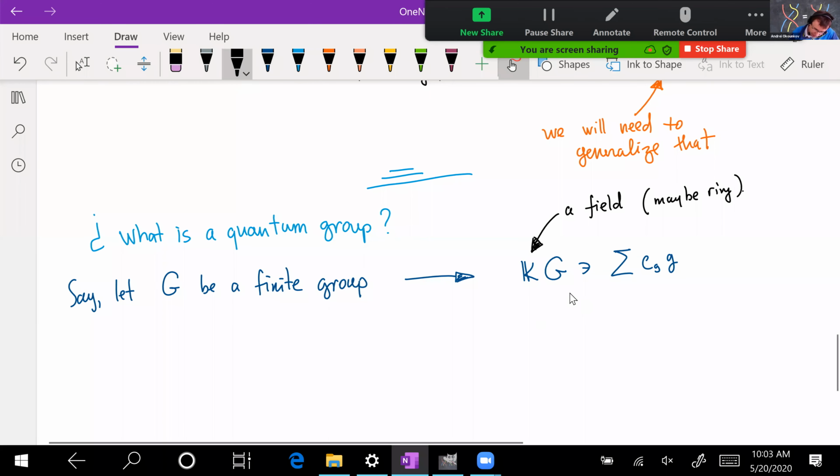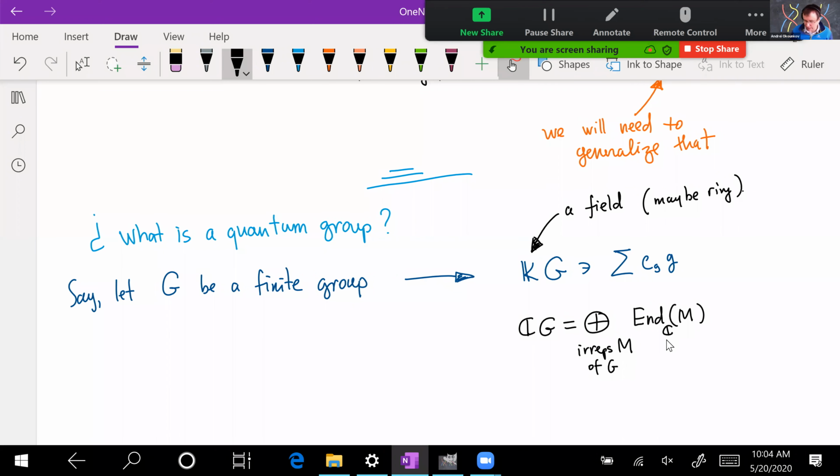Very often, it depends on your point of view. If you take complex coefficients, then this would be just the direct sum over all irreps V of G, taking the whole algebra of endomorphisms of those irreps.